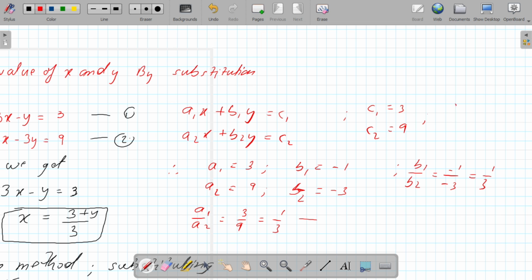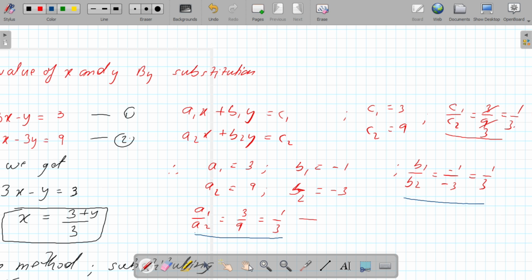So c1 upon c2 equals to 3 upon 9, which is equals to 1 upon 3. a1 by a2 is 1 by 3, b1 by b2 is 1 by 3.